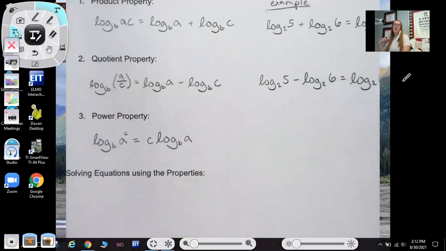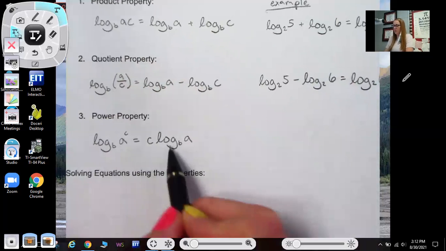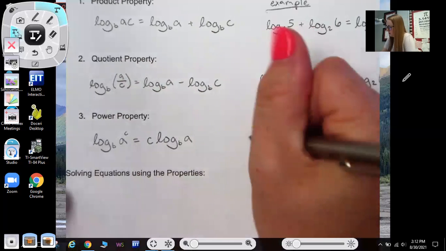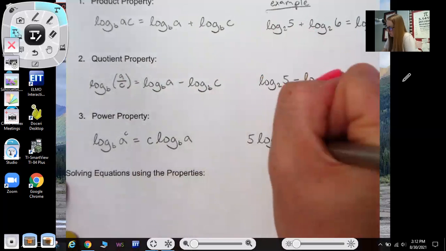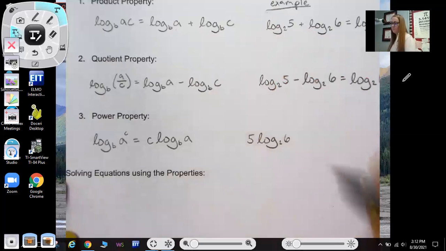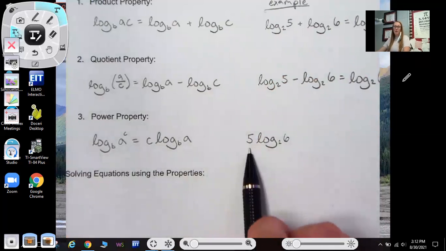So again, the way that we're going to be using this property is kind of backwards from the actual rule. Let's say we have 5 times log base 2 of 6. In order to use the other properties that we've talked about today, we can't have numbers in front of logarithms.